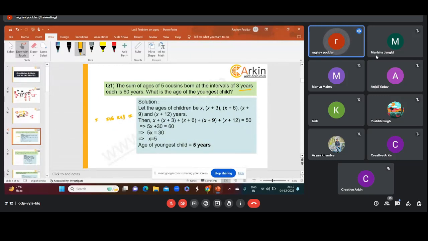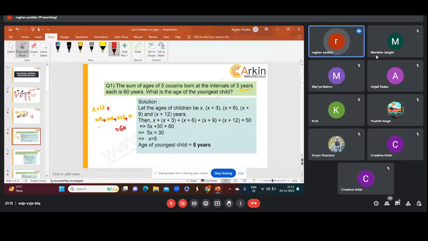What about the fourth one? He was born 3 years further back, so his present age would be x plus 9. And the eldest brother would be 3 years more, that means 9 plus 3, 12. Now I have been told that the sum of the ages, when I add all these 5, comes out to be 60.